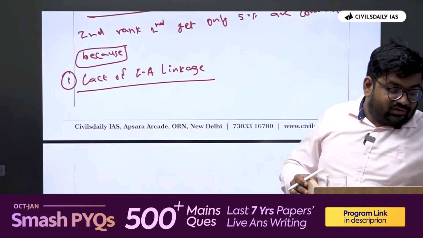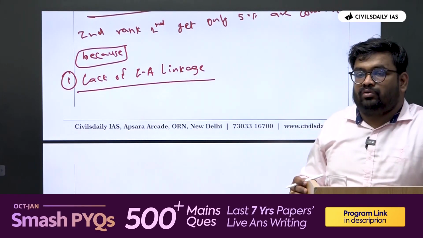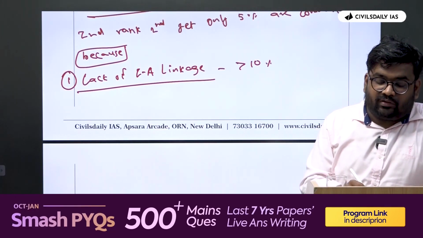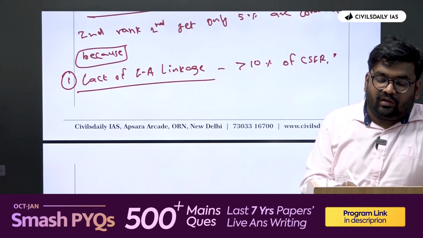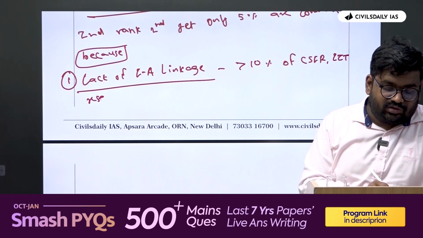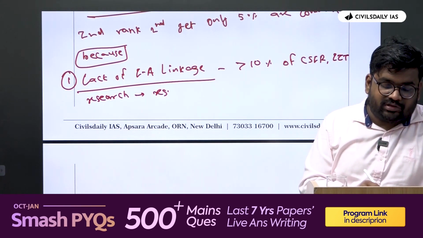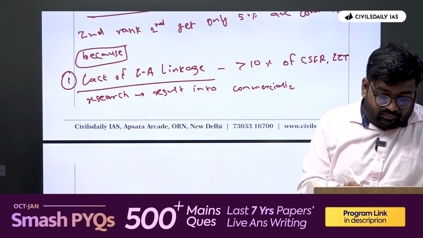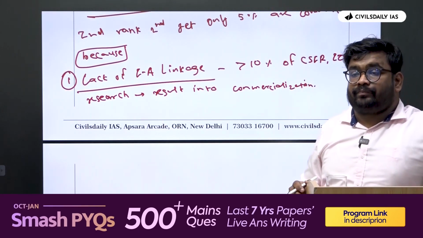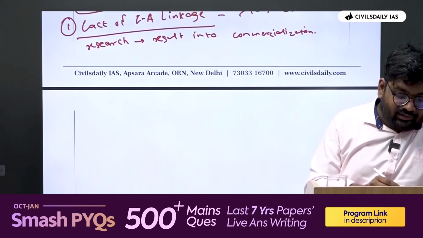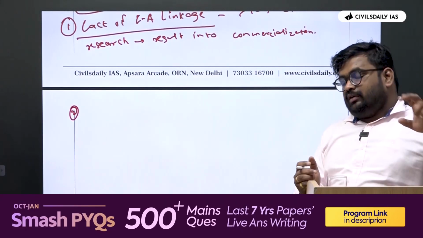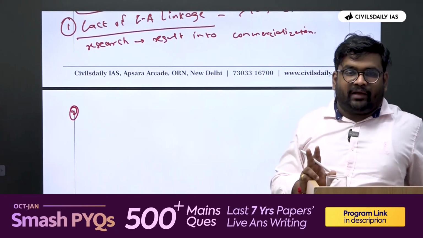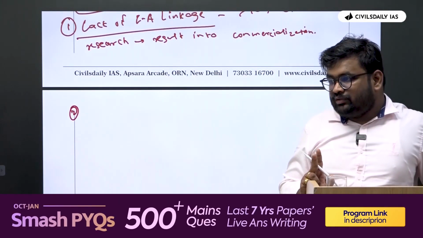CSIR and IIT research result into commercialization. Less than 10% of CSIR, IIT research results into commercialization. Okay? That is the STAPLE. Second, see always, if nothing comes to your mind while writing the issue, focus on 2I: infrastructure, institutions.